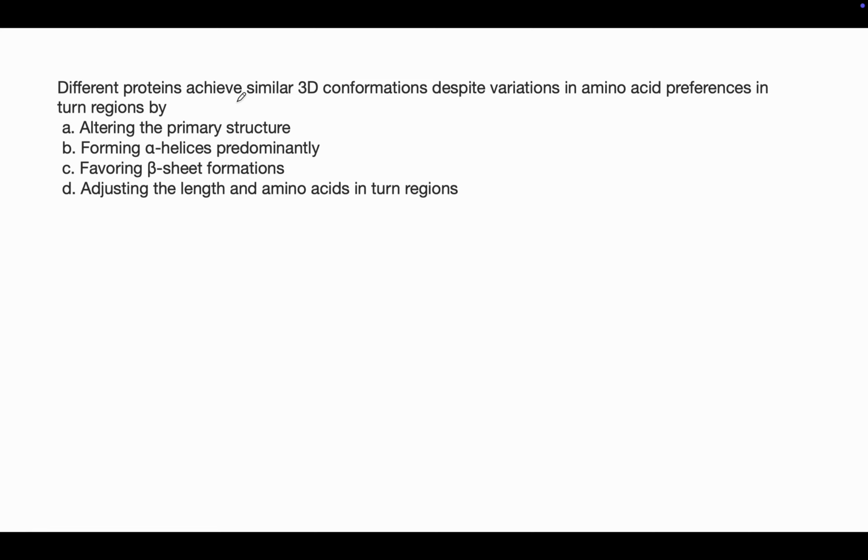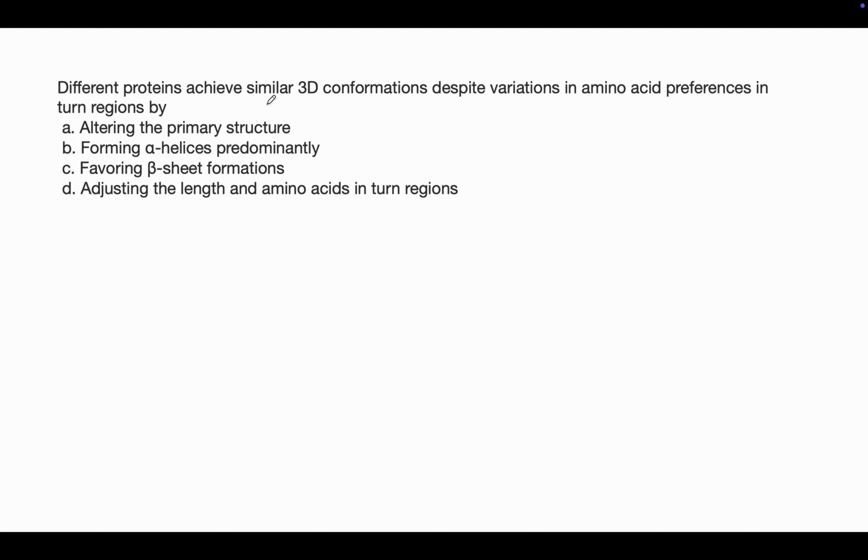Different proteins achieve similar 3D conformations despite variation in amino acid preferences in turn regions by altering the primary structure, forming alpha helices predominantly, favoring beta sheet formation, adjusting the length of amino acid in the turn.